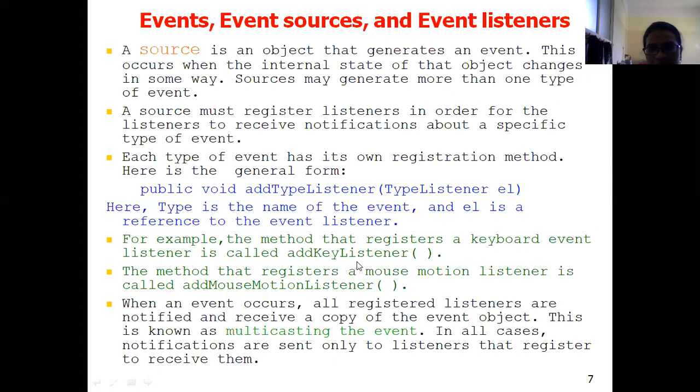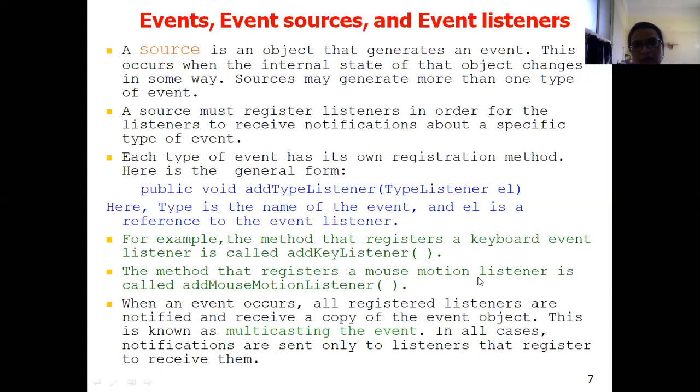As I said, if you are entering a character from a keyboard to an interface, then it should be a key listener, add key listener. The only difference is that instead of type, we have key. Everything else is the same. Here I have just given an example. And there is the method that registers mouse motion.